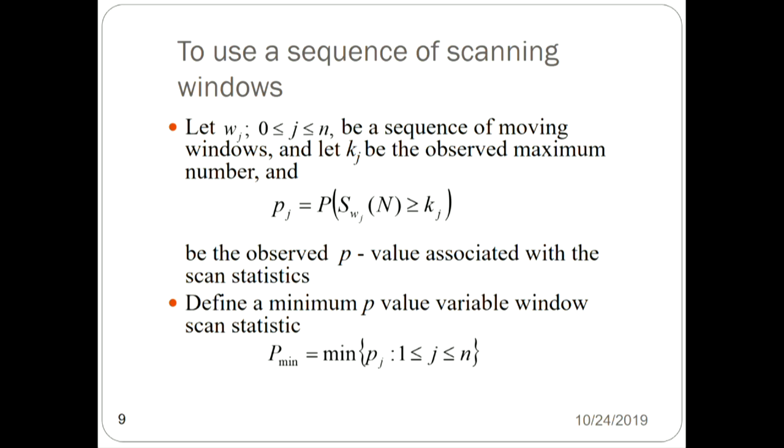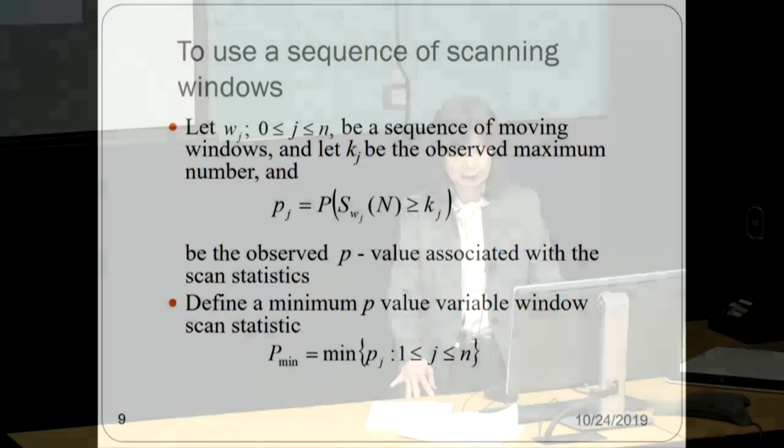We repeat this calculation for a number of simulations, usually 10,000. The p-value is then the percentile, or the rank, of the observed p-min test statistic. So that's the way to evaluate the significance level.